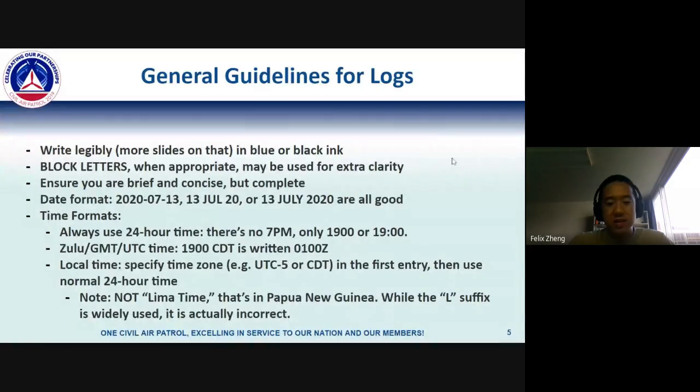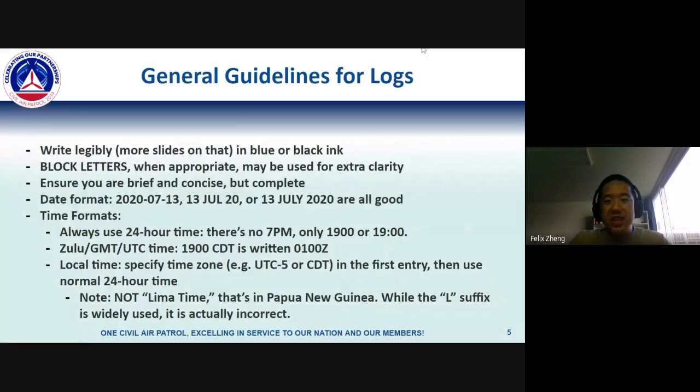That already demonstrates why it is important to note down the time zone. There's a commonly used format. People like to say Lima time: "Oh, it's 1811 Lima. It's 1911 Lima." Lima is actually a specific time zone. It does not designate local time.